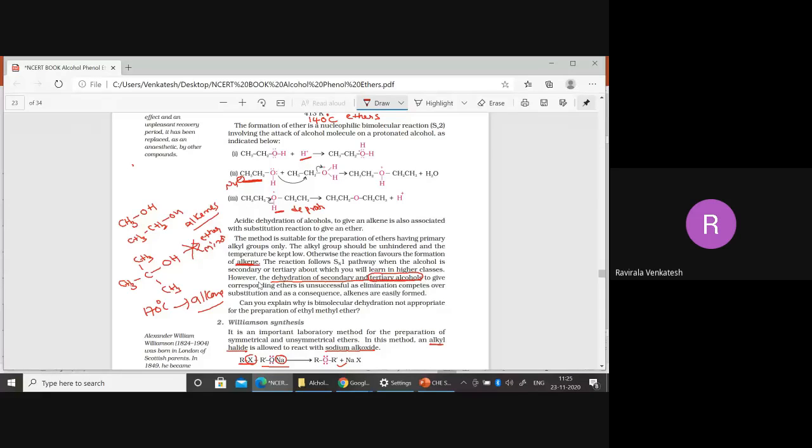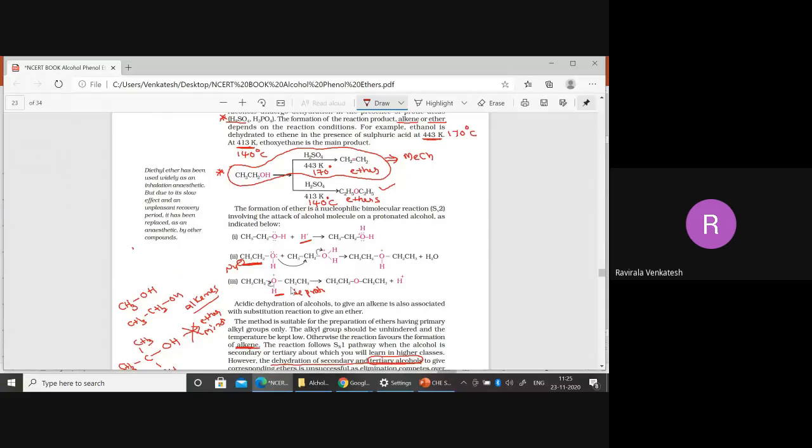Primary alcohols, if I take primary alcohols, they can be converted into ethers at what temperature? Sorry, 140 degrees Celsius in the presence of concentrated H2SO4.